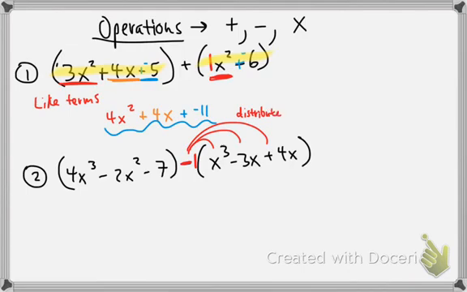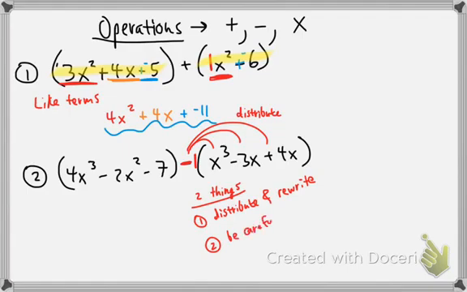So here's a point in the video when you can do two things. Number 1, you can distribute and rewrite that whole trinomial, or option 2, you can be careful when subtracting.